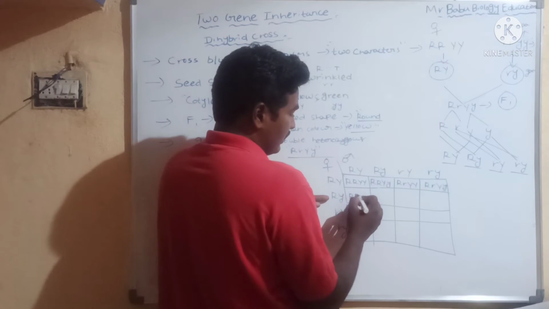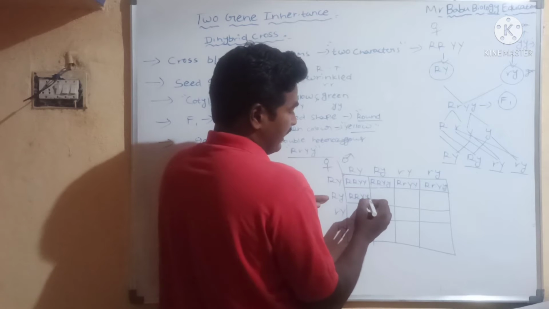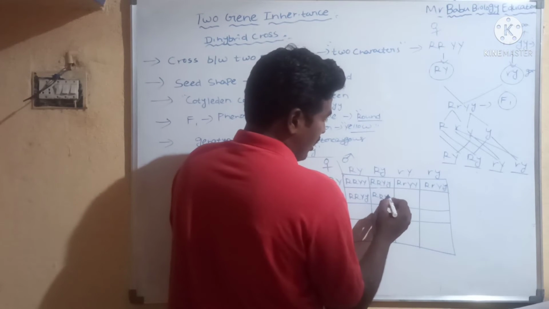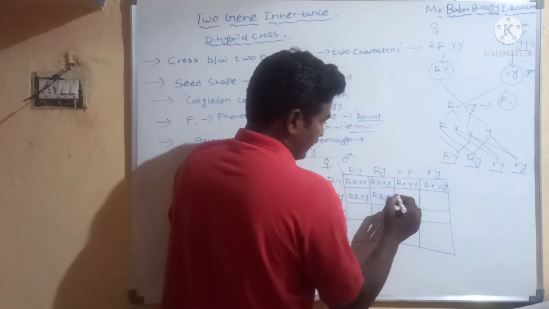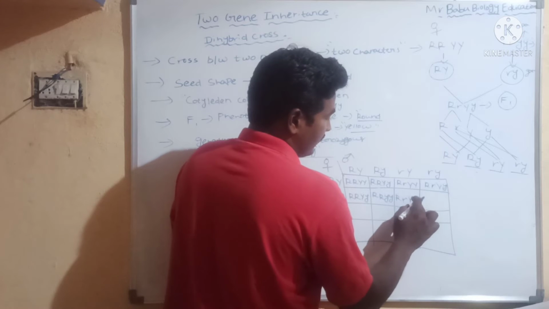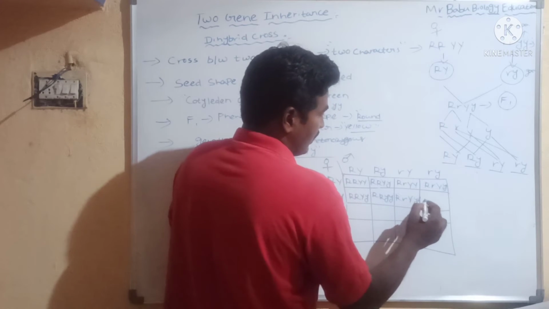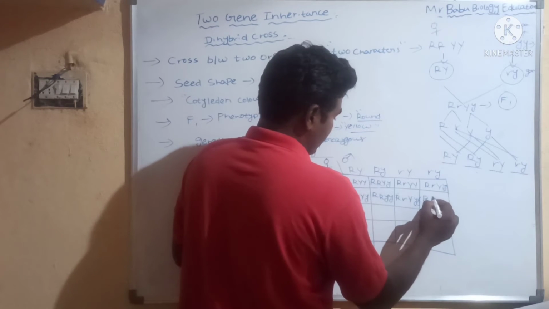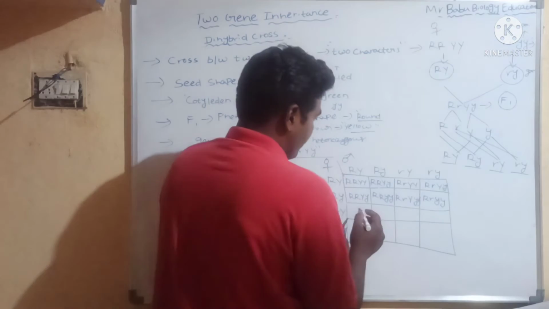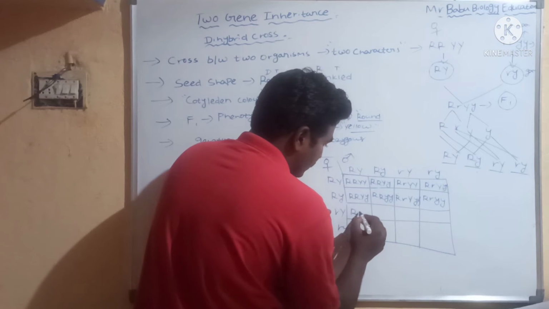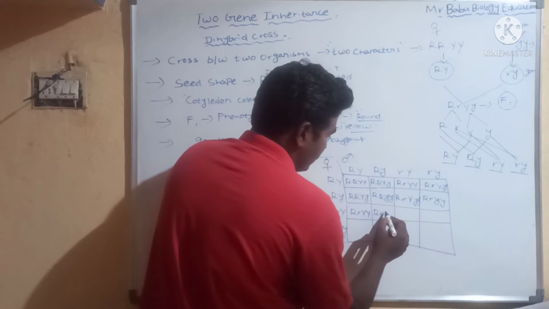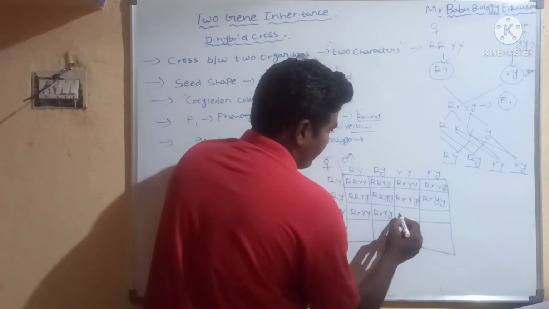Capital R, capital Y, small y. Now, capital R, small y, small y. Capital R, small r, capital Y, small y. Now, capital R, small y, small y. So, capital R, small r, capital Y, and capital R, small r, capital Y, small y.